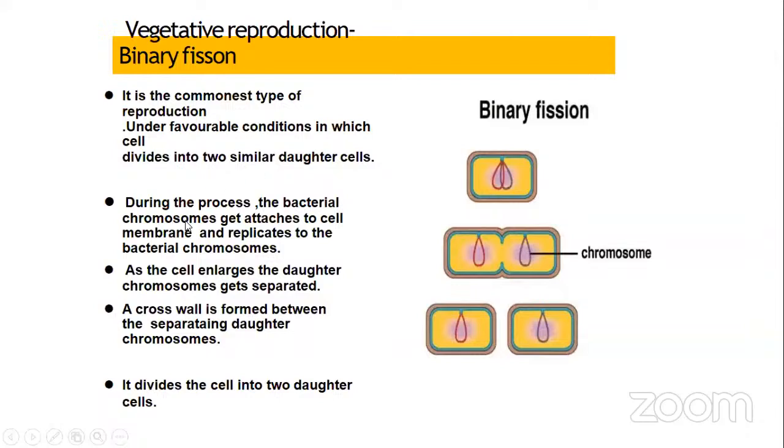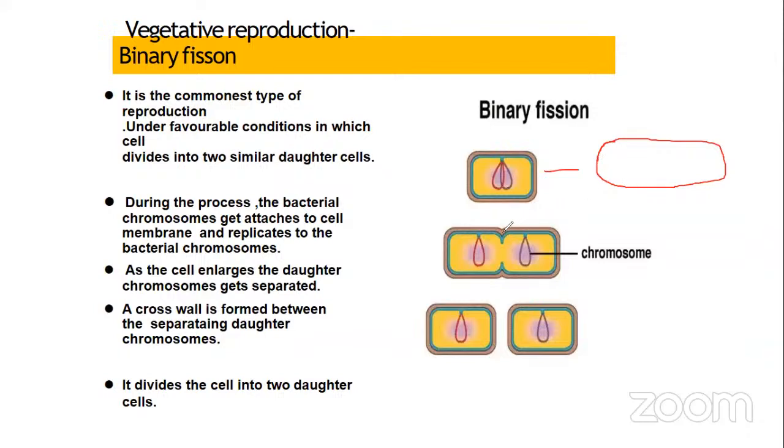During the process, first the bacterial chromosome gets attached to the cell membrane and replicates. Actually, before the replication of the chromosome, here, let me take the pen. The first step, the bacterial cell somewhat elongates, extends in size.